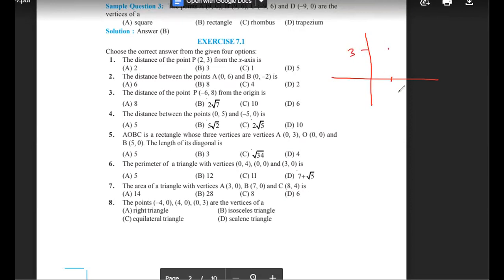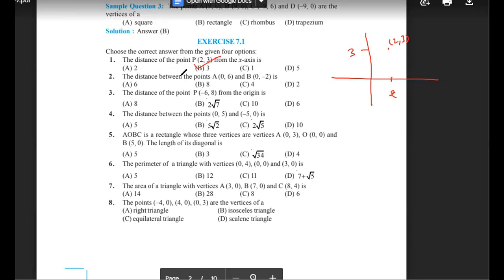So this point lies here at 2, 3. If it is asked what is the distance of the point P from the x-axis, it is actually 3 units. The perpendicular distance is 3 units. So we can write it this way, or solve it by using the formula. Got it. Let's move further.